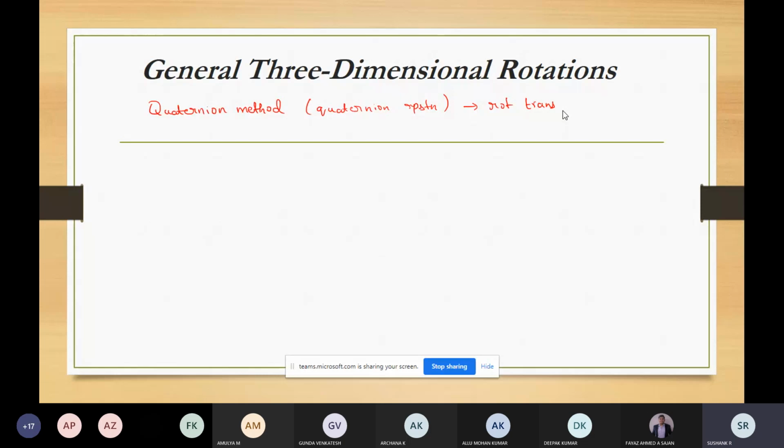What is this quaternion representation? It's an extension of the 2D complex number.